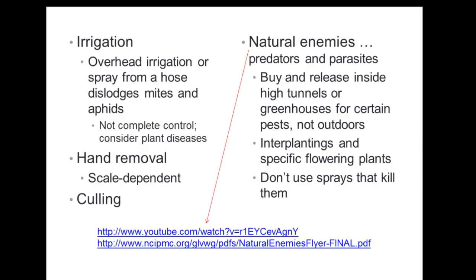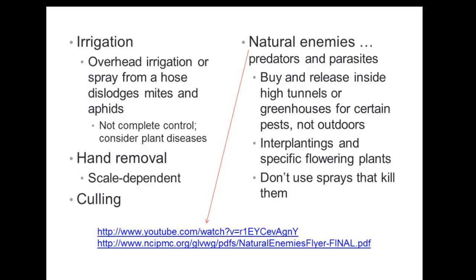Natural enemies are really important in insect control, predators, parasites, some pathogens as well. In general, the idea that you would buy and release natural enemies is almost never effective outdoors.